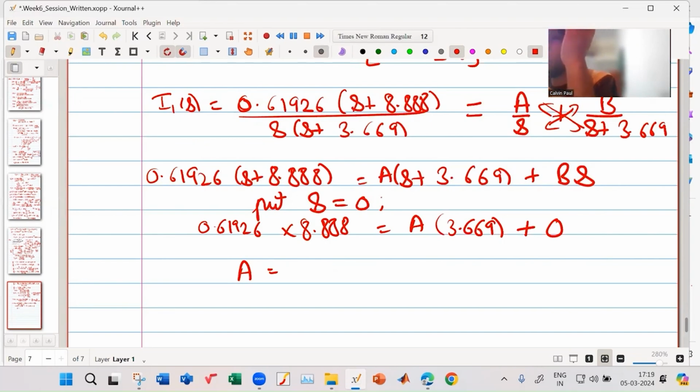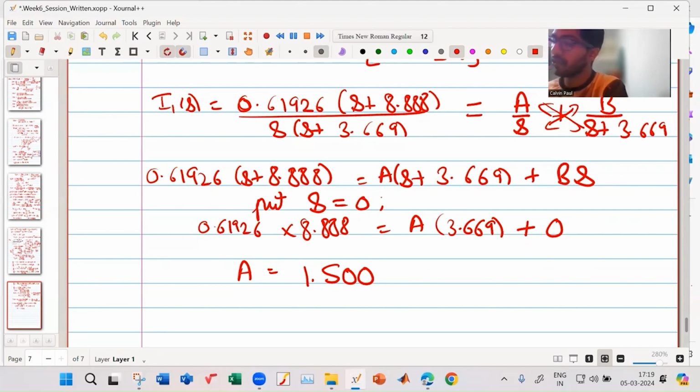I will get it to be 1.500. Is there any doubt in this step?